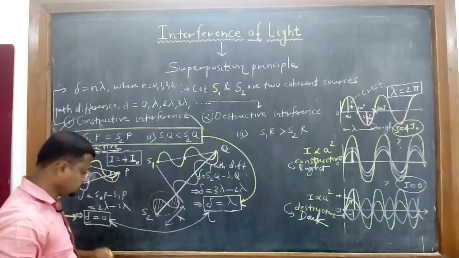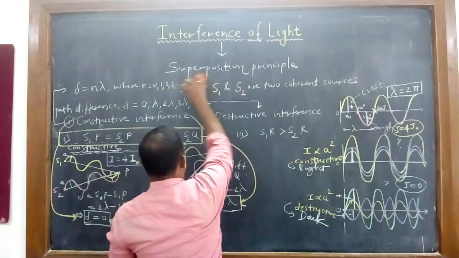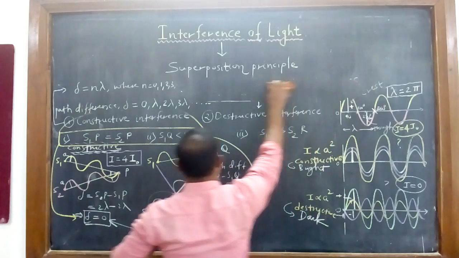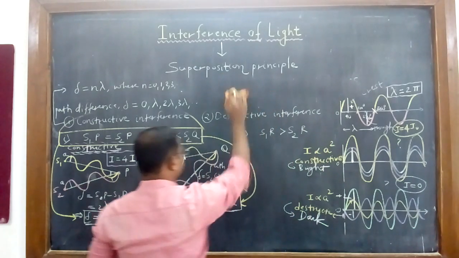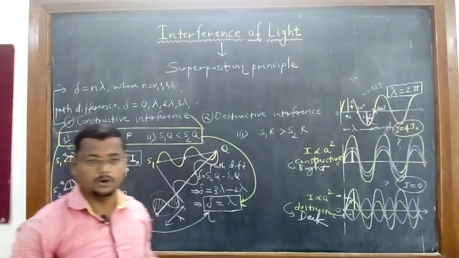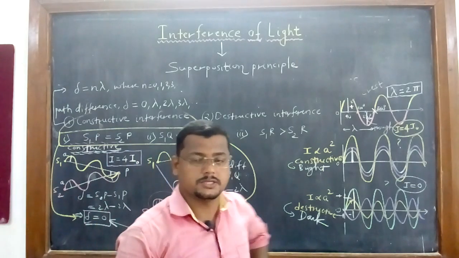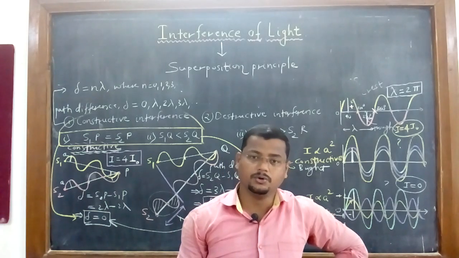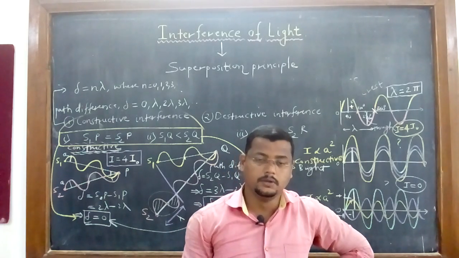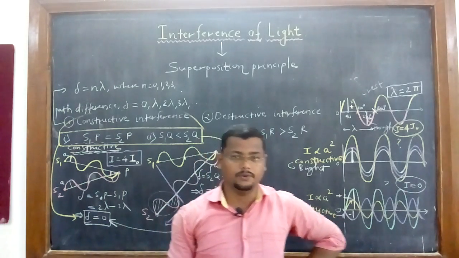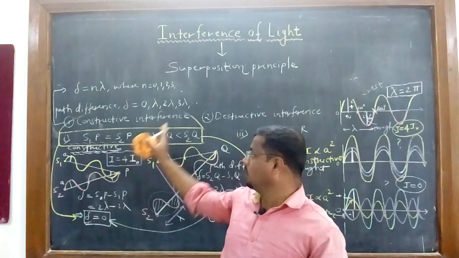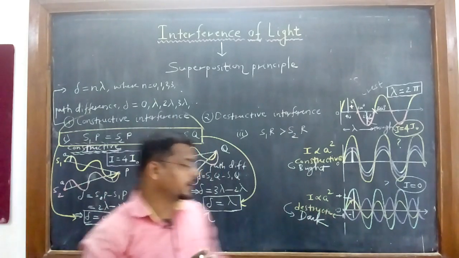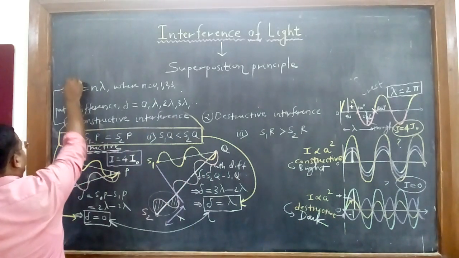This condition can be asked for 2 marks. Write the condition to have constructive interference. Then you should write: the two waves are said to interfere constructively if the path difference between the two waves is equal to the integral multiple of the wavelength, nothing but delta is equal to n lambda.